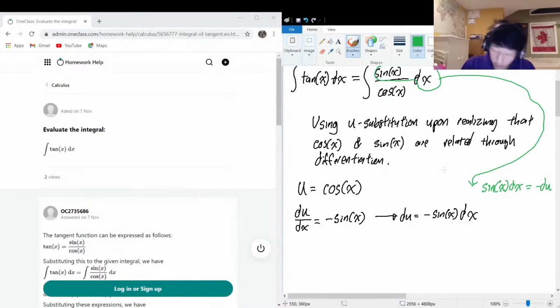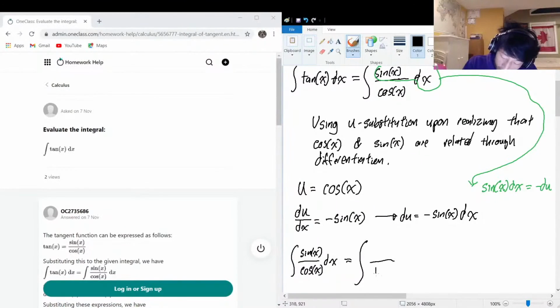Okay, so the next thing that we're going to do is sub out everything in the equation. I'll rewrite the original as sine x over cos x dx. We know that cos x is going to be u, so on the downstairs of the fraction, we're going to have u.